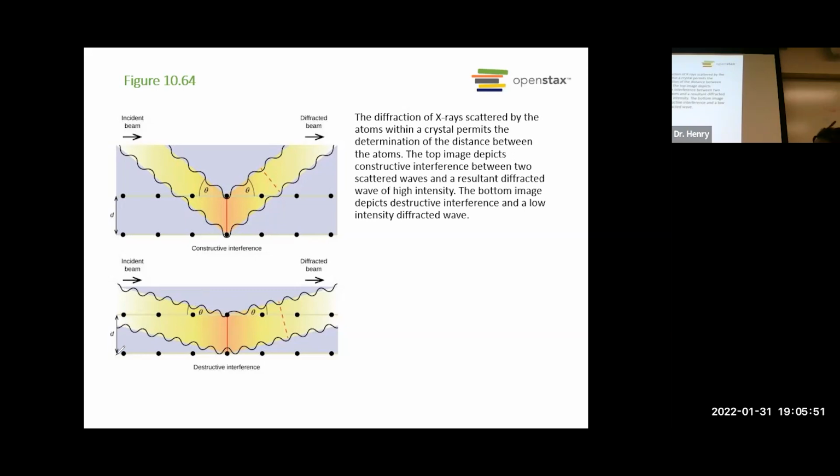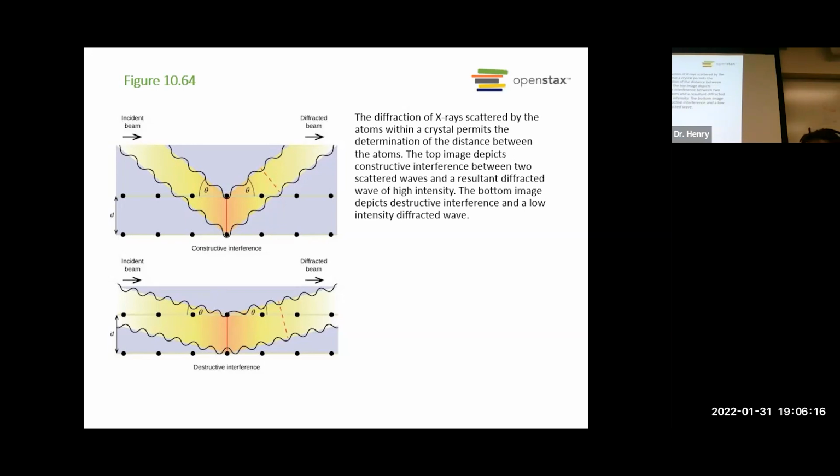And so this here represents the distance between the atoms. Here, this is the angle. So the angle which the X-rays are going in. And so, as I said, we could actually use that to calculate the distance between the two atoms.